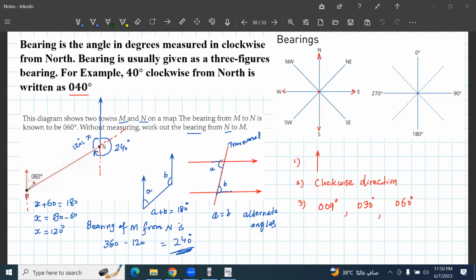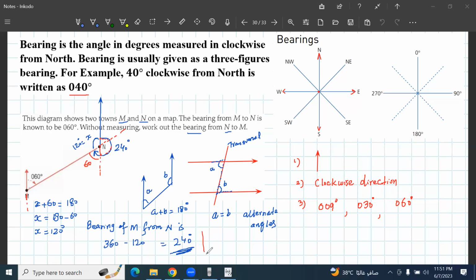Remember that this one shows a transversal, so it means this one is 60 and the total is 240, but we know the answer. But let's suppose we don't know the answer of 240. So from here to here is 180. From this point to here 180. So 180 plus 60. How do we come to know 60? Because of the alternate concept. Alternate angles are equal, okay?